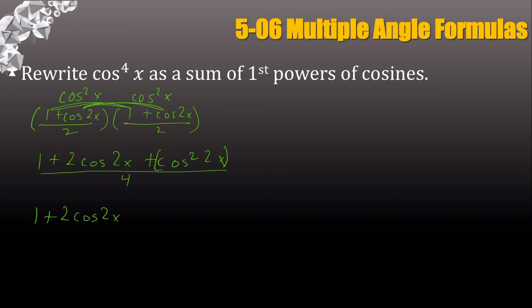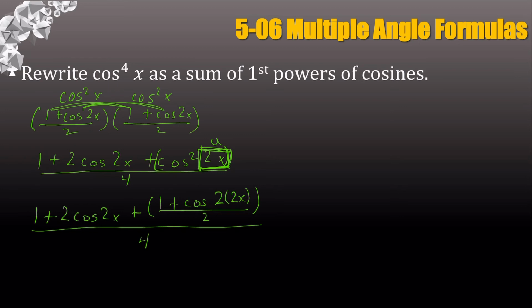Alright, so cosine squared is 1 plus cosine of 2u, over 2. However, the angle here is 2x. So my u is 2x. So it'll be 1 plus cosine of 2 times 2x, over 2. All right.